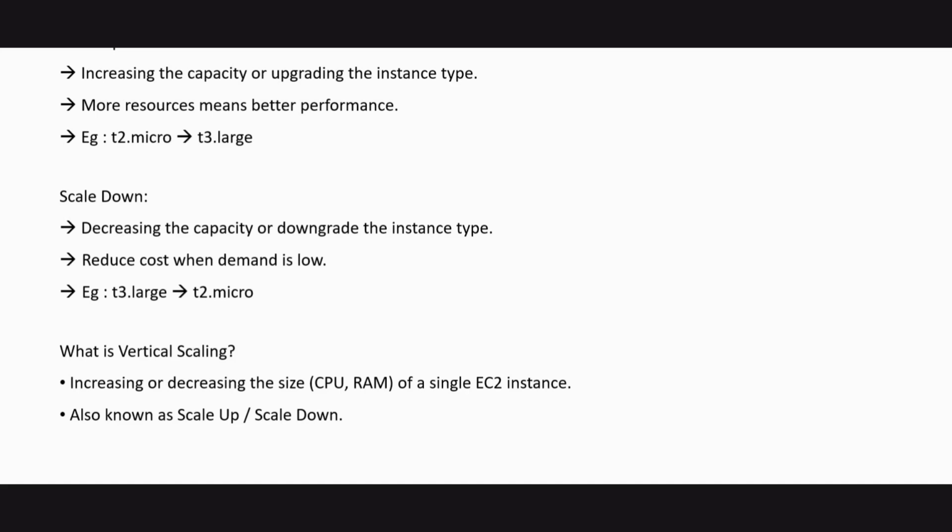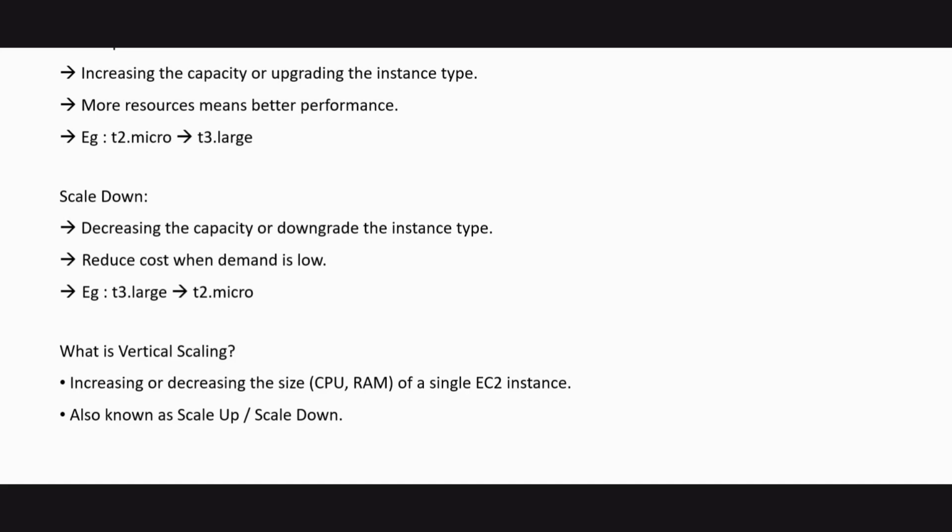After the customers have increased, I need to upgrade the instance type from T2 micro to T2 2x large, which is 8 virtual CPU and 32 GB RAM, a bigger hardware configuration, right? So I have scaled up my server. This is nothing but a scale up.